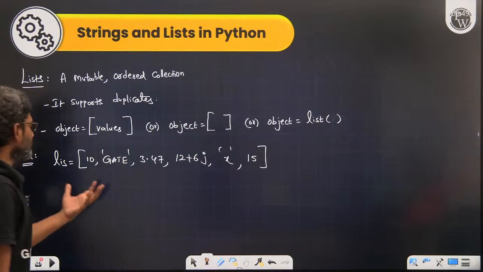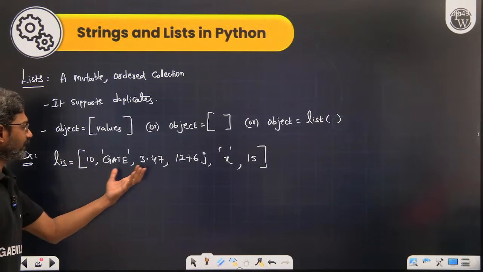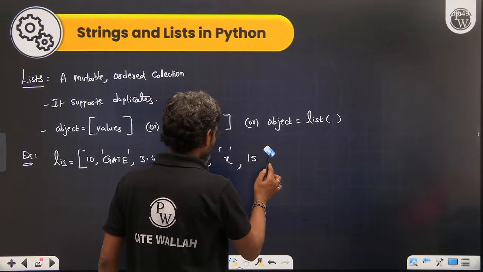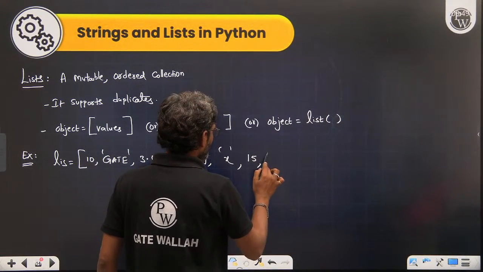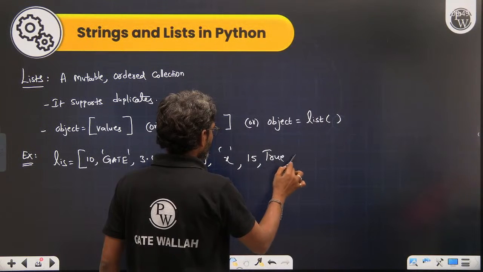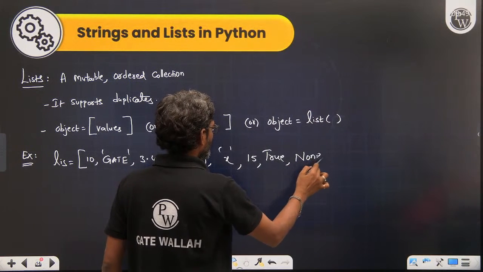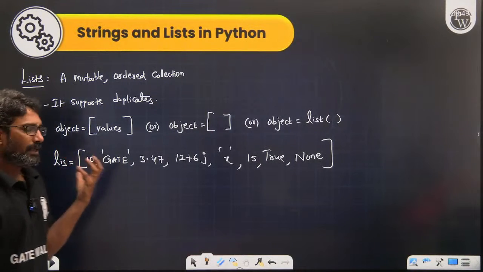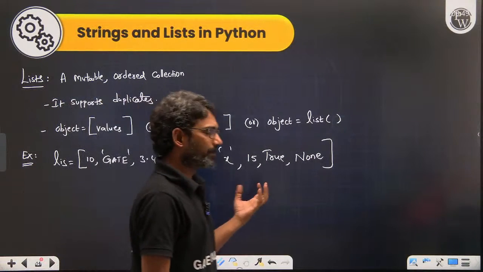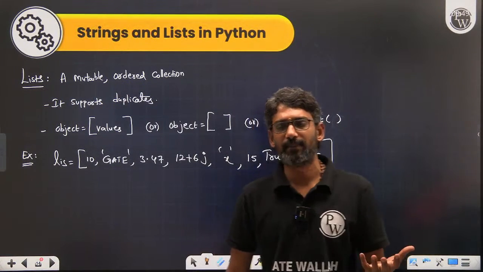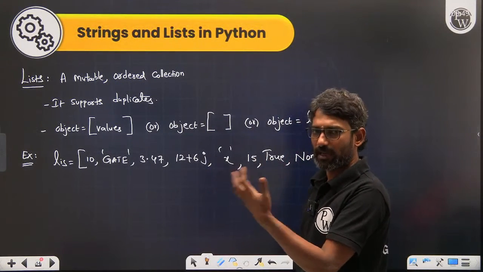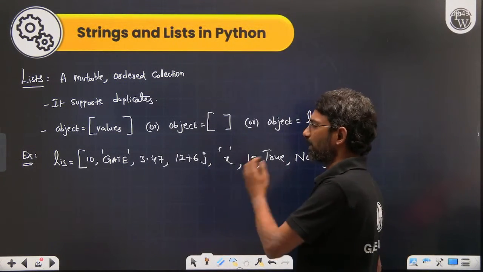If you look at this, I have written different forms of data. Okay, let me put True, None also. So I have kept Boolean type, complex type, integer type, float type, string type, None type. Even we can put tuples, sets also, as we have not yet discussed, I have not included them.